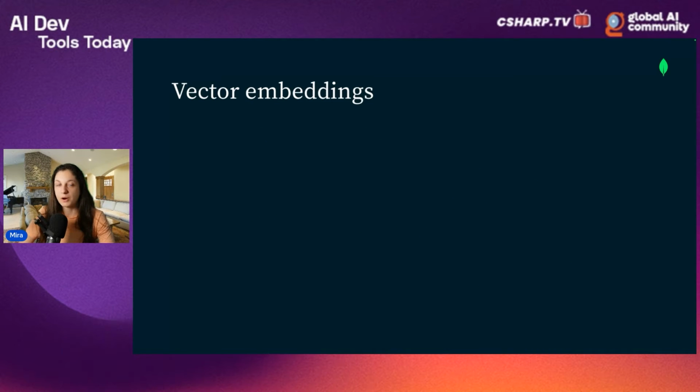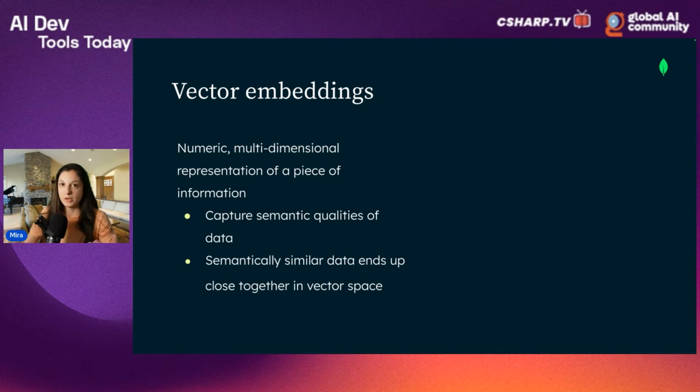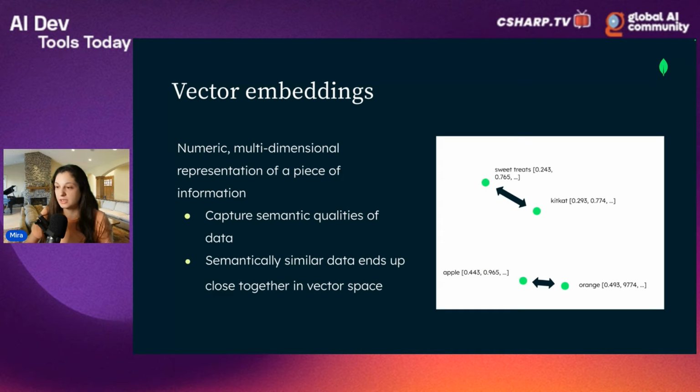How does that work? Well, the core of the vector search are the so-called vector embeddings. These embeddings are numerical, multidimensional representations of some piece of information, and they are supposed to capture the semantic qualities of the data. So when we generate these vectors, which are large arrays with numbers, and we try to plot them on a vector space, on a plot, we should find that objects that are similar to each other will have vectors that are close to each other.